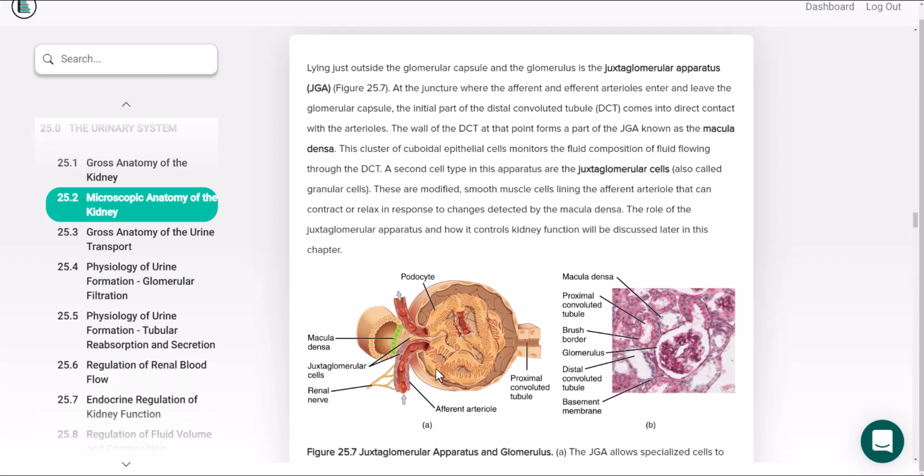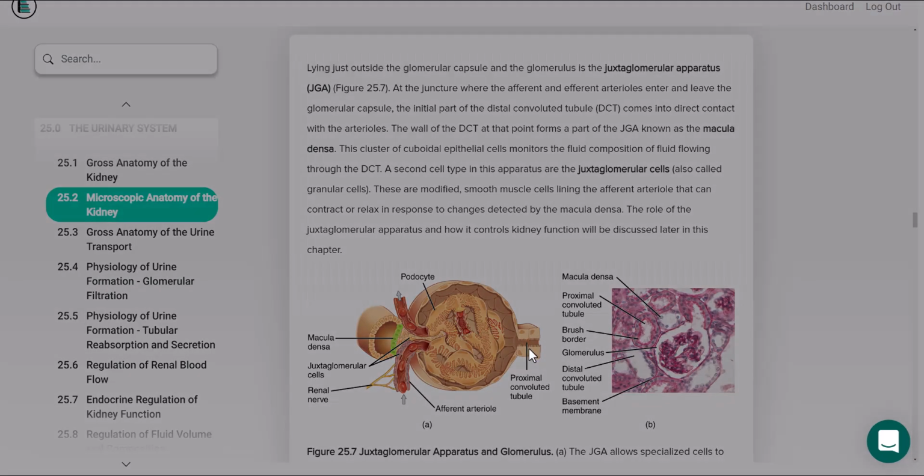Once the filtration happens here in the capillaries, that filtrate is then going to start its journey down what's shown here as the beginning of the proximal convoluted tubule. Note, even in this rendition, the proximal convoluted tubule is lined by a simple layer of cuboidal cells. Back in histology lab, lab 2, you learned that the kidney tubules, right here, are lined by simple cuboidal epithelium.